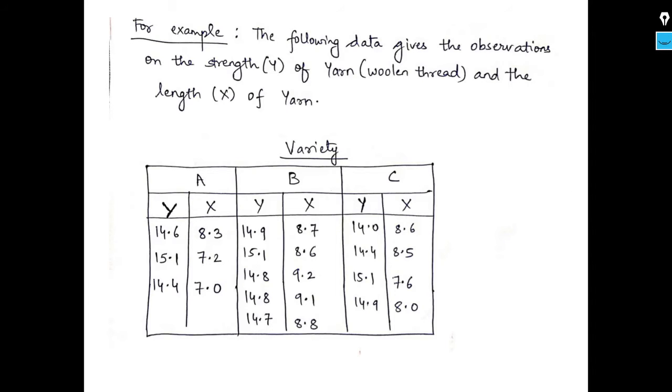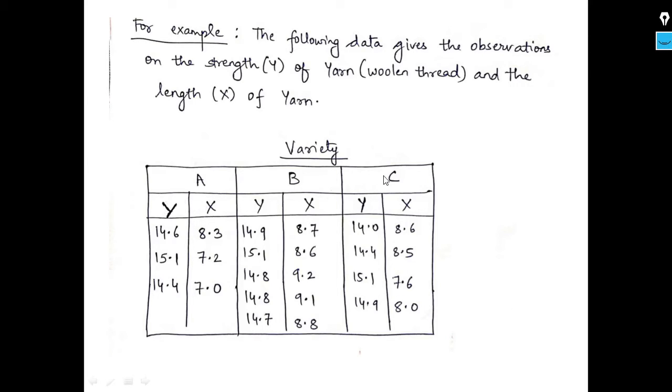Another example: the following data gives observations on the strength of yarn, that is woolen thread, and the length of that yarn. Suppose we have three types of woolen thread. Here y is the strength of the yarn and x is the length of the yarn. For the first variety of woolen thread we measure y, the strength, and x, the length.